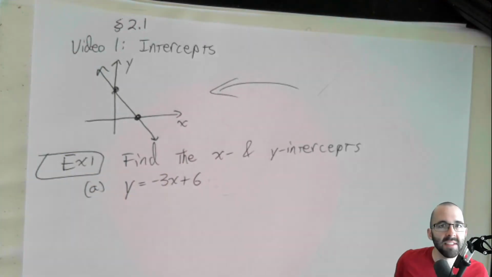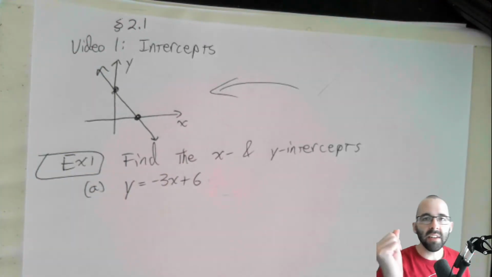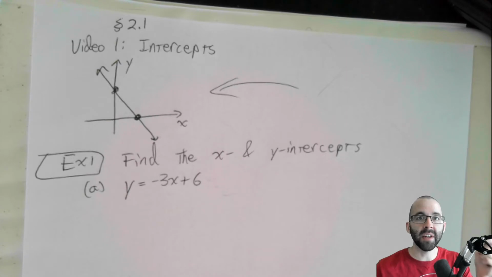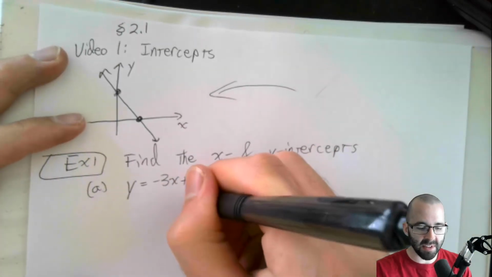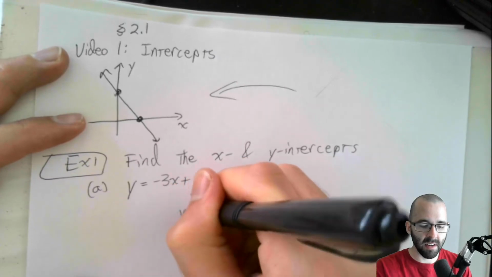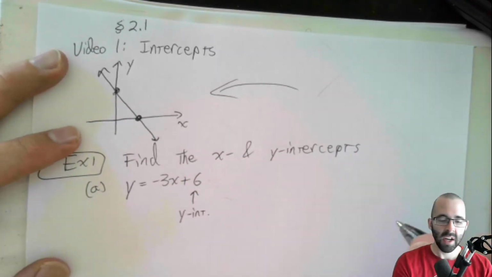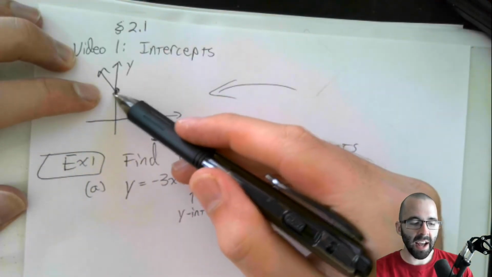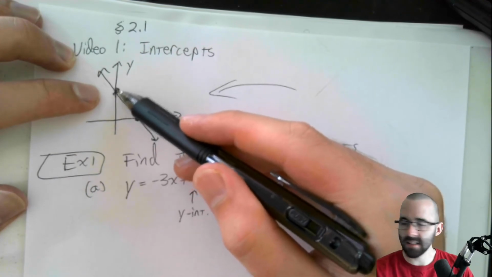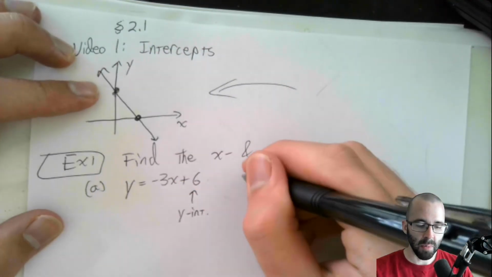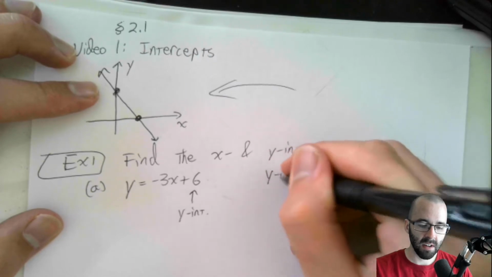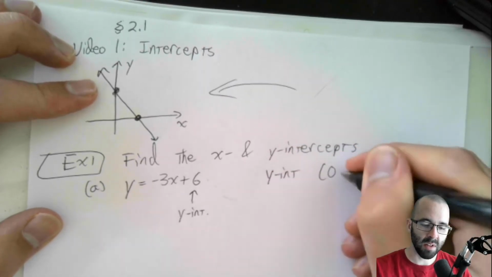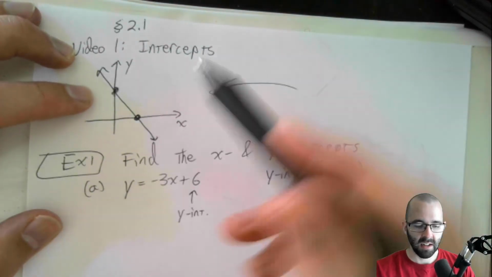A lot of people, when they see something like this, will immediately jump to slope-intercept form, mx plus b, and say the y-intercept is actually just right here. And that's true. It's where it intercepts the y-axis, which is when x is 0. So our answer, the y-intercept, is going to be (0, 6).